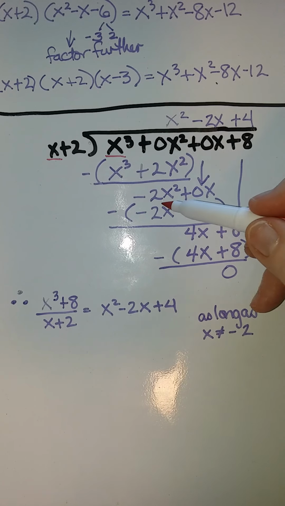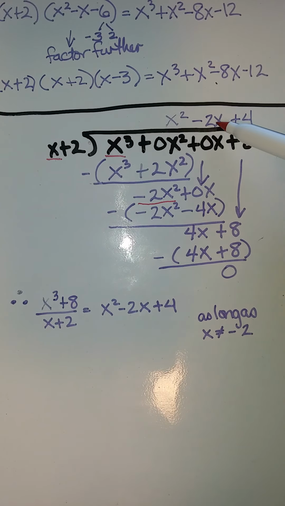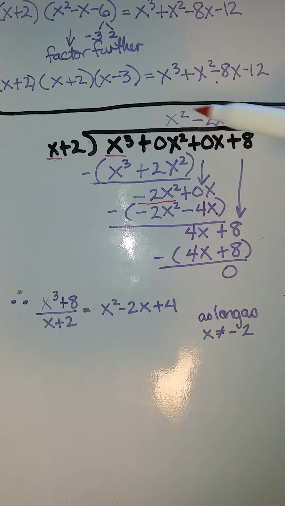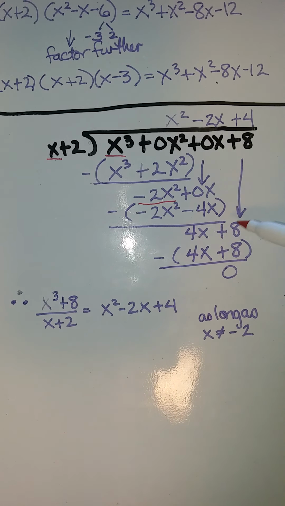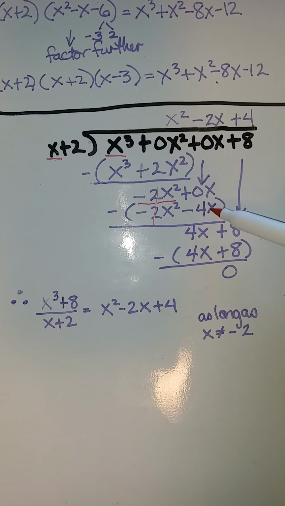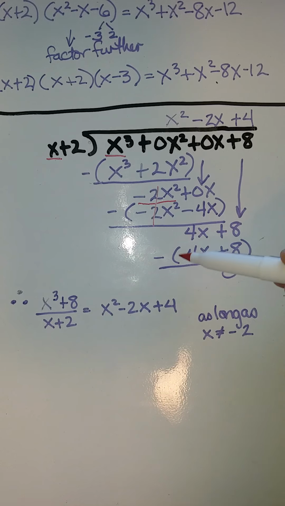How do I get to negative 2x squared from x? Well, I multiply by negative 2x. And once I multiply the whole thing and distribute it across that 2, I get negative 4x as well. And this whole package again gets subtracted. These guys go away. And this becomes a positive 4x. We bring down that last term, and then we know that this also will resolve perfectly.